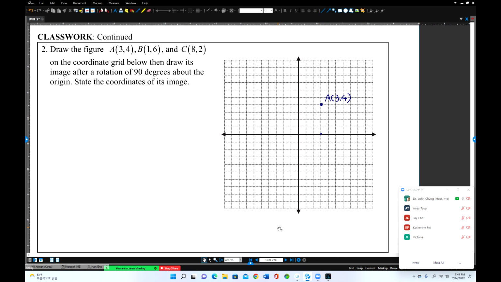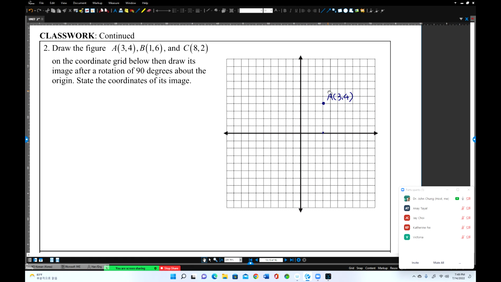Okay, much better. B is 1 and 6, 1 and 6 up here. This is B. C is 8 and 2, over here.